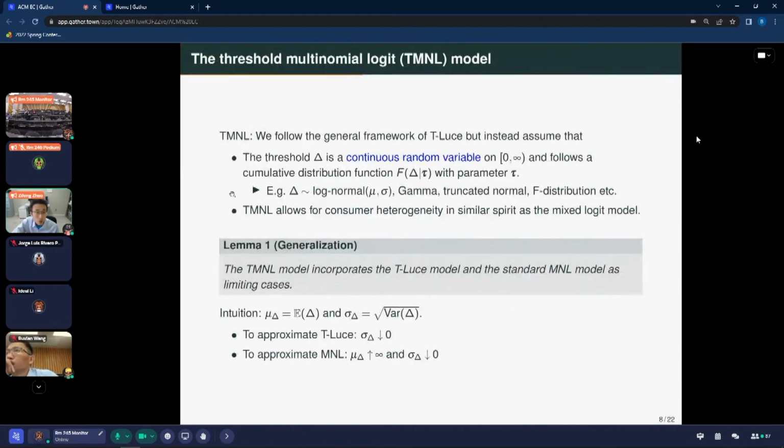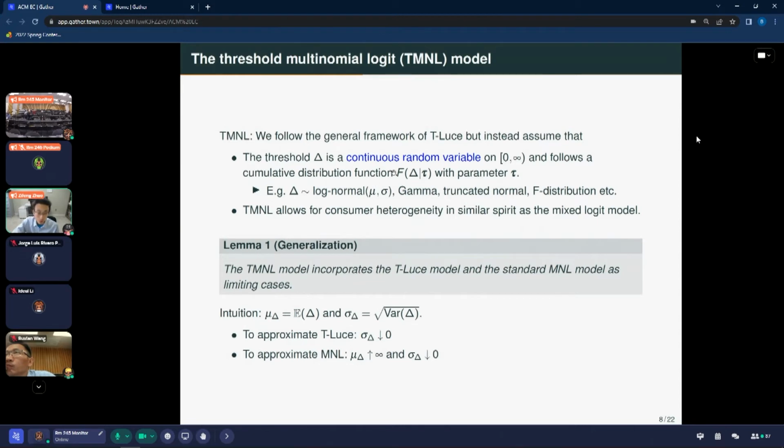Okay, so the idea is very simple. We follow the general framework of the T-loose model. We still assume the consumer uses the dominance rule for consideration set formation. The difference is that instead of assuming delta to be a fixed number, now we assume delta to be a continuous random variable on the positive axis that follows some probability family.